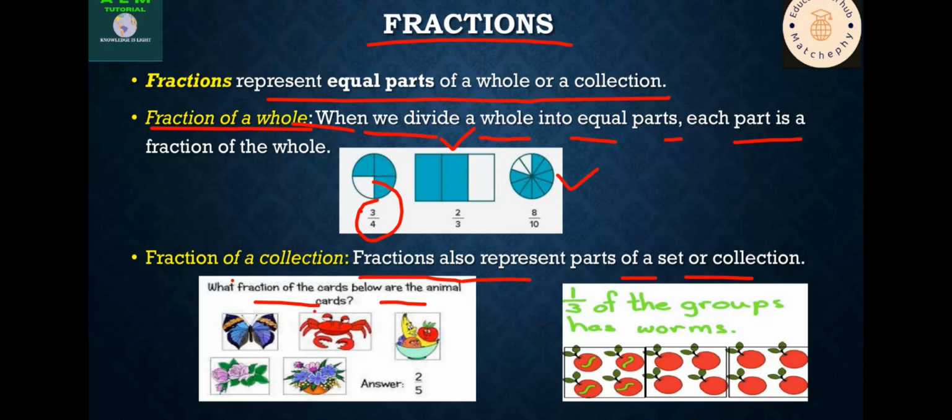Out of the total 5 cards, only 2 cards are animal cards. So 2 by 5. Now if you see in this picture, children, three groups are given, and in those 3 groups an equal number of apples are arranged, 4, 4, 4. But out of the 3 groups, in one group we can find worms in the apples. So we denote it as the fraction 1 by 3: one third of the groups has worms.